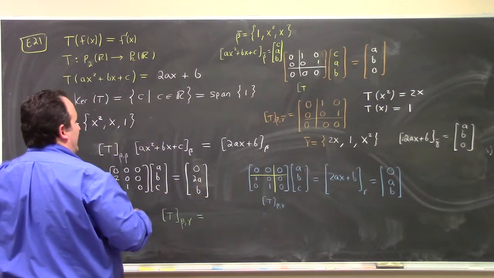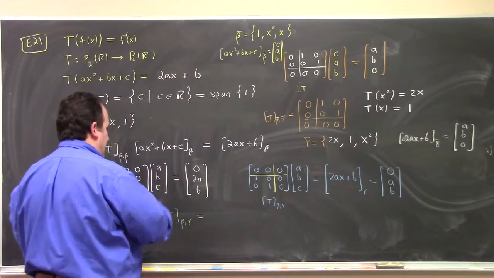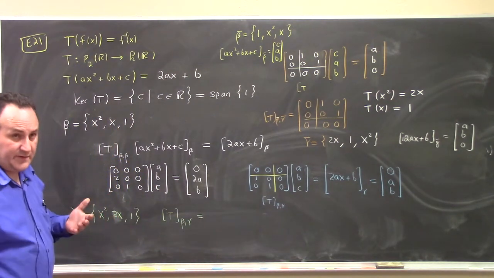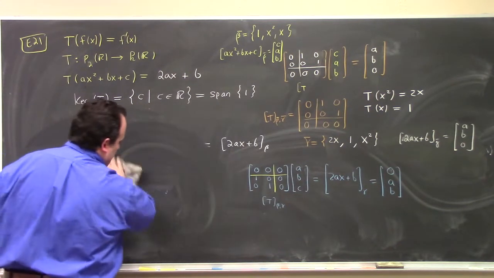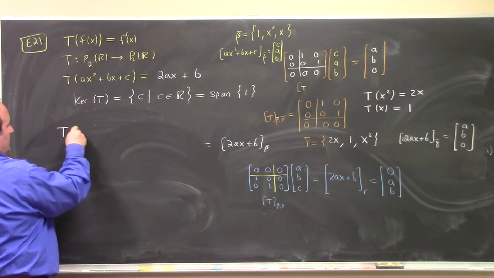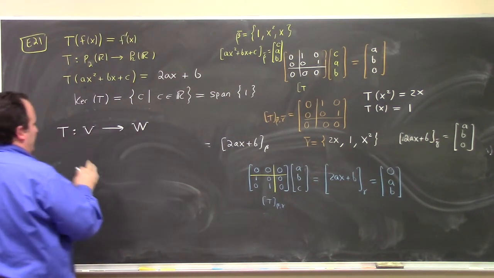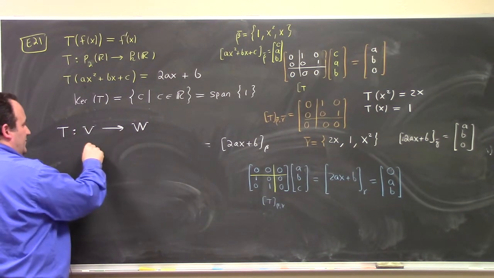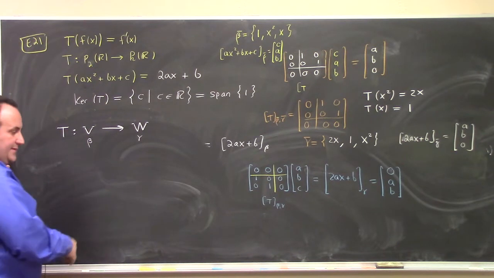So if you want to classify what a linear transformation looks like from one vector space to another, if we have T going from, say, V to W, I can put a basis beta on here and a basis gamma on here. I'm free to pick them however I want.